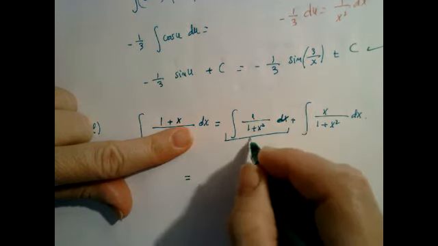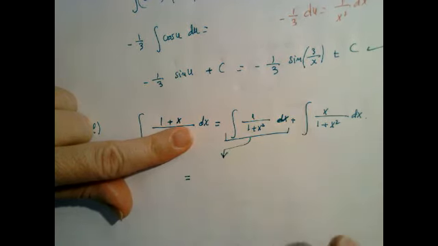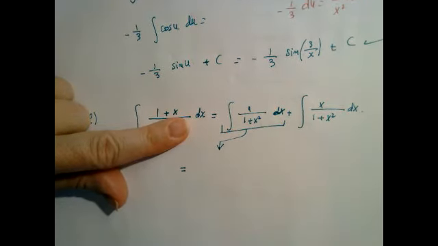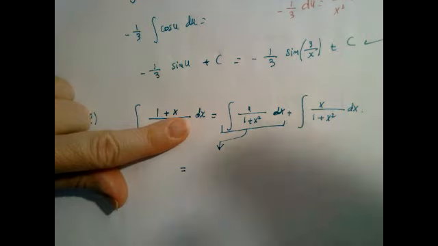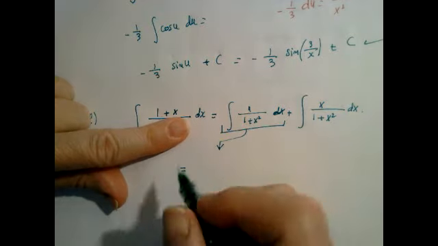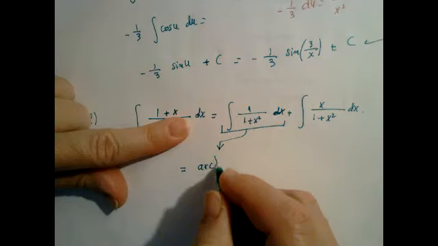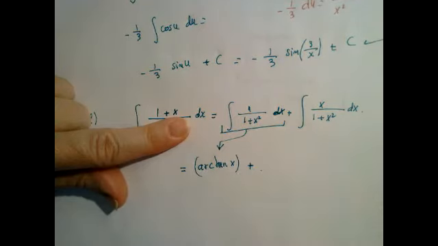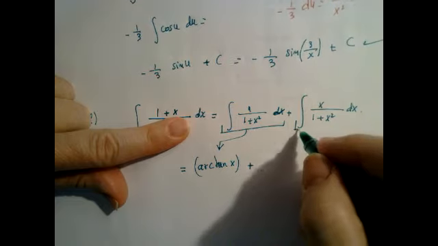What's the antiderivative of this function? That's arctangent, absolutely correct. That's arctangent x. Plus, what about this one?